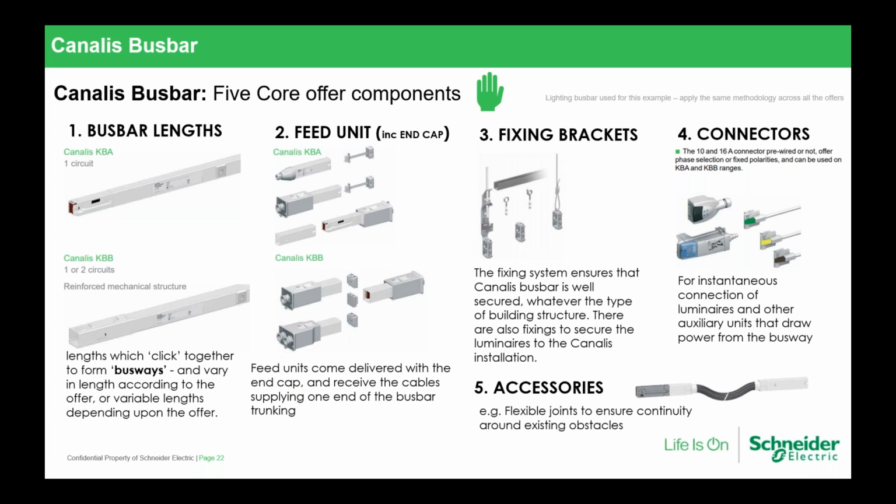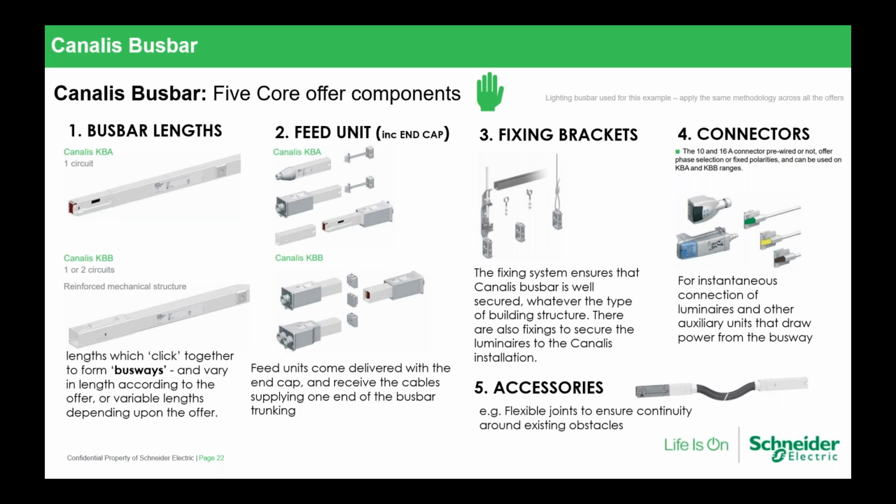And last but not least, the accessories. These are the standard ones, but maybe you need an elbow at 90 degrees. Maybe you need T junctions. Maybe you need a flexible bar in order to make the connection between two busbars.